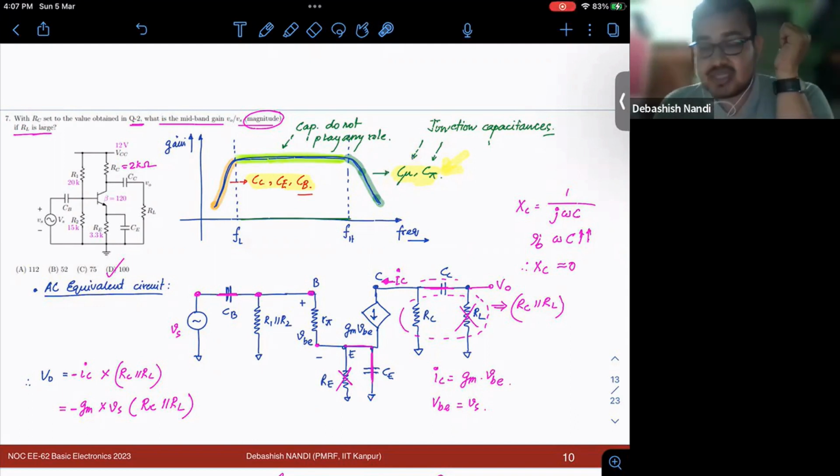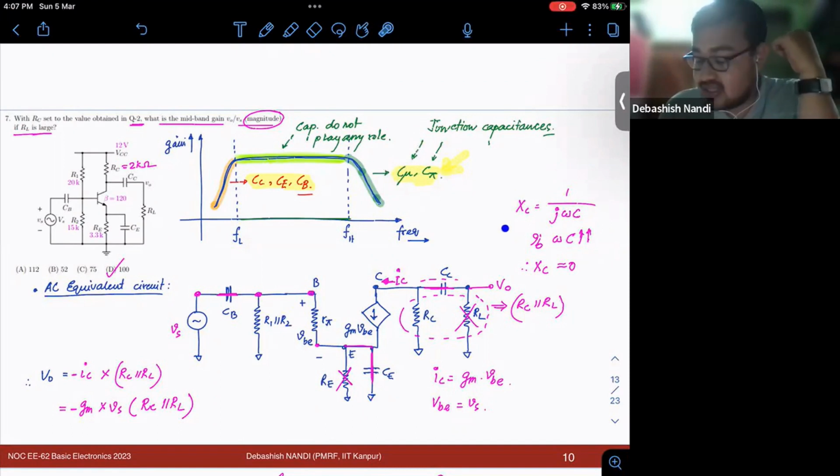These are very small and are called parasitic capacitances. How do you remember that the external capacitances are limiting the lower limit and the internal capacitances are limiting the upper limit? The way to remember is this formula.